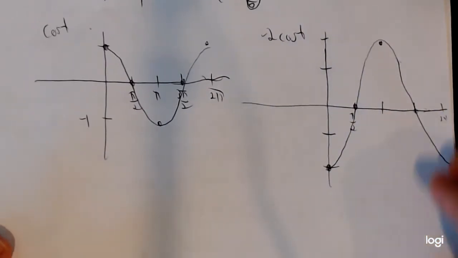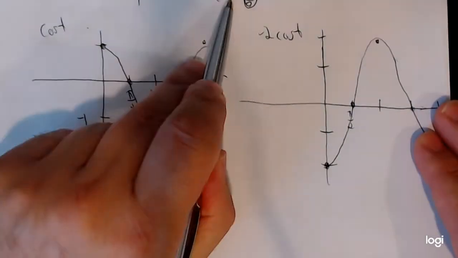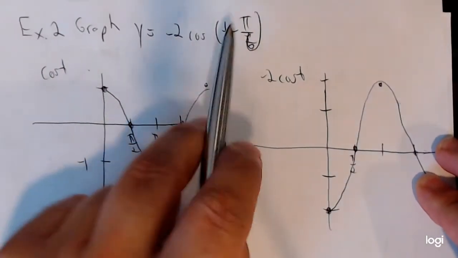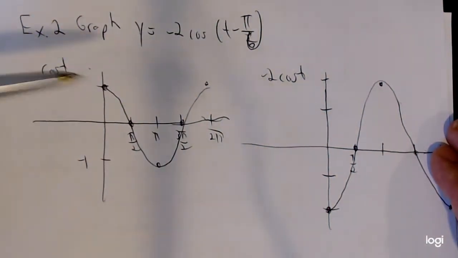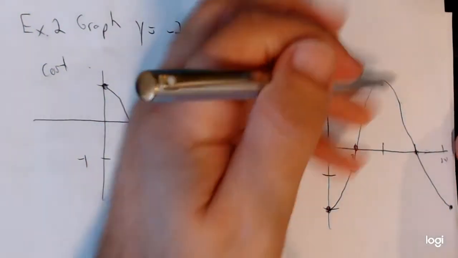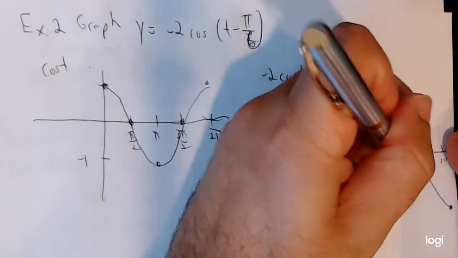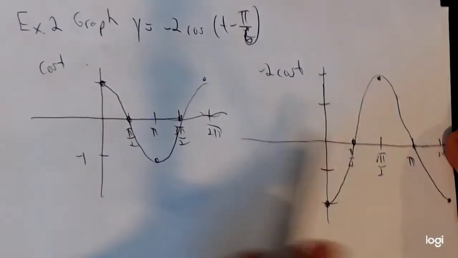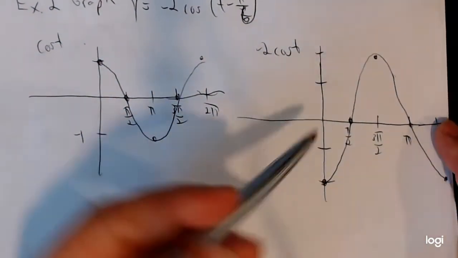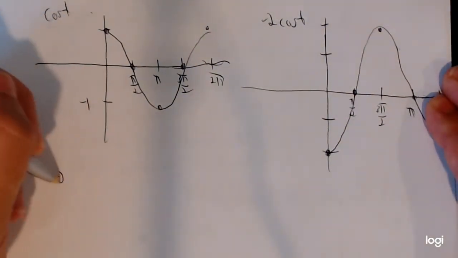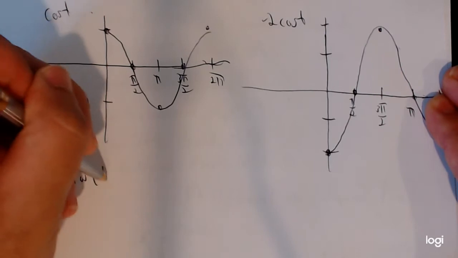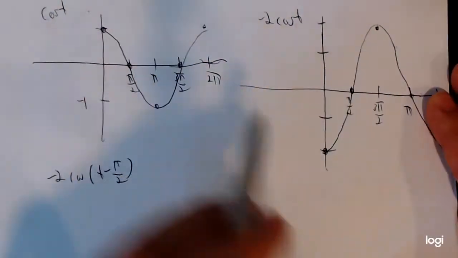So now the last thing we need to do is the t minus pi over 6. Now what is this pi over 6 saying? Shift everything pi over 6 to the right. So in other words, I'm grabbing all of these t values and I'm just adding pi over 6 to them. So it's going to be just moving to the right a distance of pi over 6. So if I have -2 cosine of t minus pi over 6, what happens here?